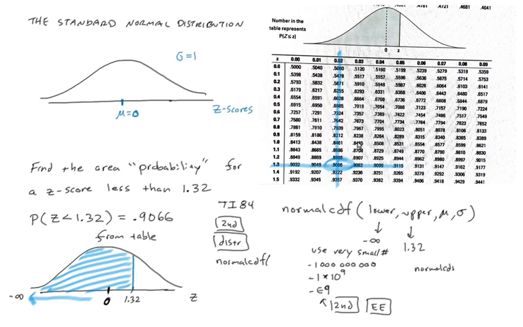So we would plug this in as normal CDF, negative E9. So that's our way of writing a very small number. I'll just refer to that as negative infinity, although it's really not. It's just negative 1,000,000 there. So it's a very small number. 1.32, 0, and 1, because our mean and standard deviation are always going to be 0 and 1 if we're talking about the standard normal in this case.